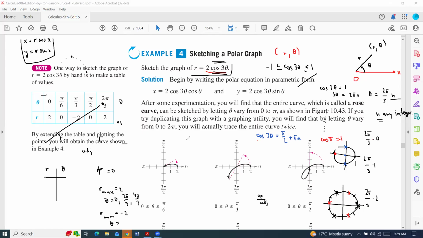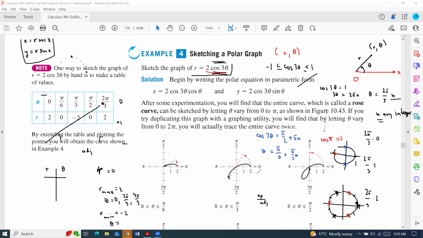So now I need to pull out my theta, and I'll divide by 3. I put an extra 3 in the denominator, so it will be pi over 6 plus pi over 3 times n.